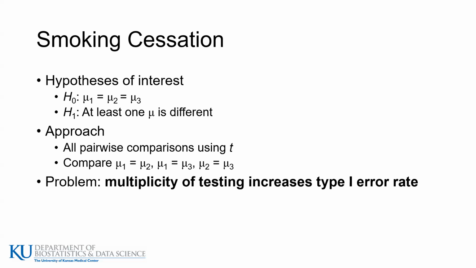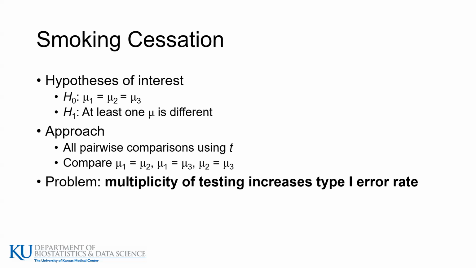But the problem here is that every time we run a statistical test, we have some chance of making a type 1 error. That is, we have some possibility of observing a false positive finding. And so when we do 3 multiple tests, this error rate adds up.